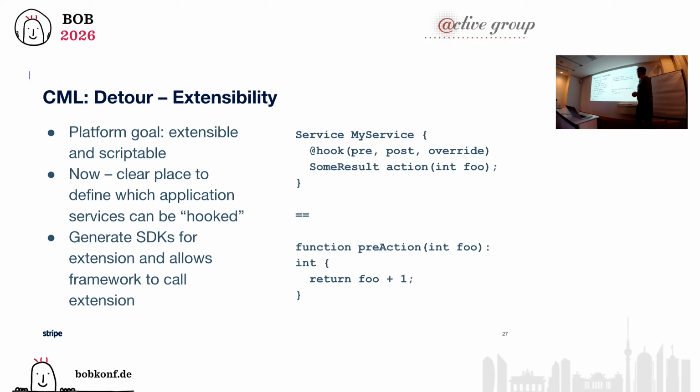And so we extended CML so that you can have this hook annotation that says, okay, this application service method is actually hookable. And we generate SDKs from that for external developers. And then there's a framework that automatically delegates to these hooks if they're implemented. It's a little bit more nuanced than that, but that's the idea in principle.